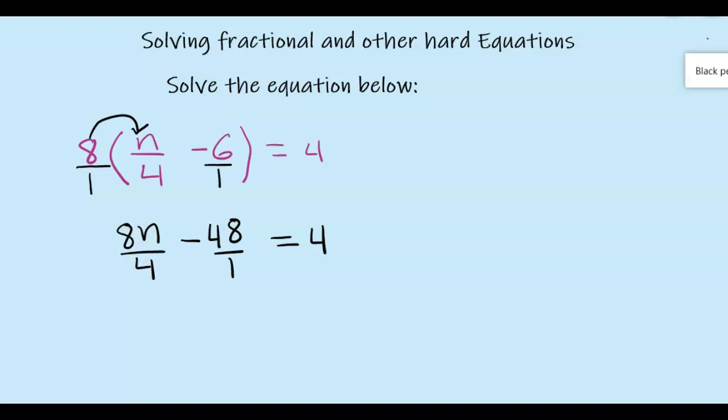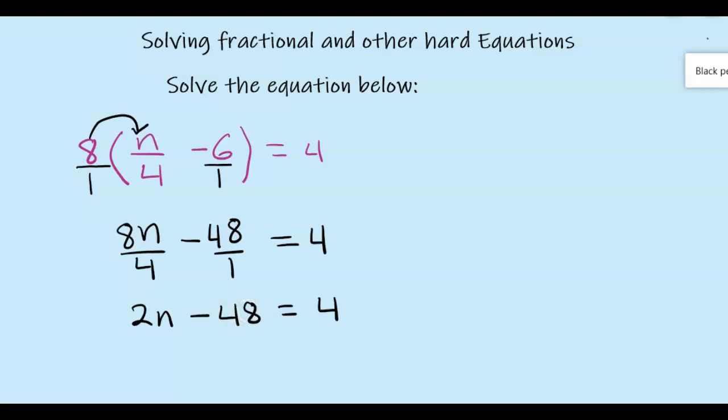8 divided by 4 is 2, so it gives us 2n. And negative 48 divided by 1 is the same as negative 48. Here we want to isolate or solve for n. So first of all, we need to get rid of the negative 48.